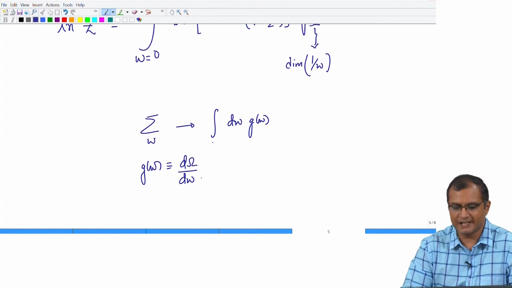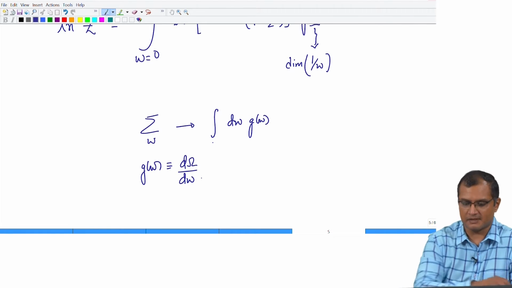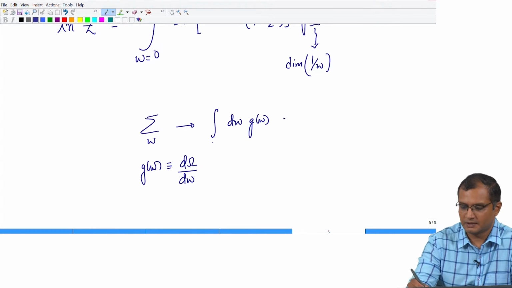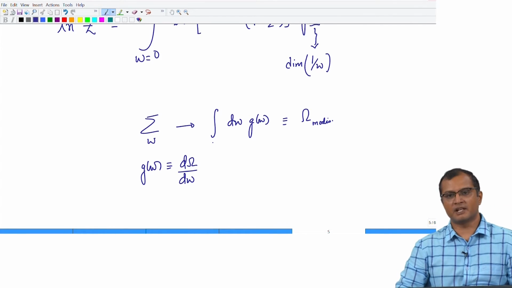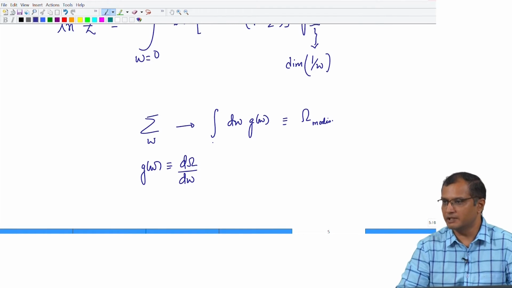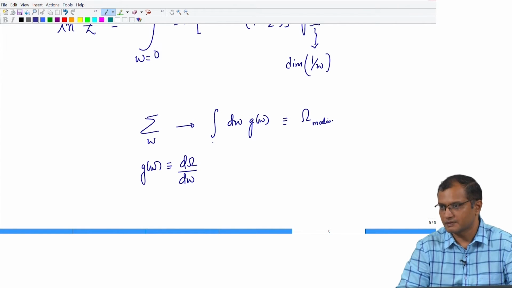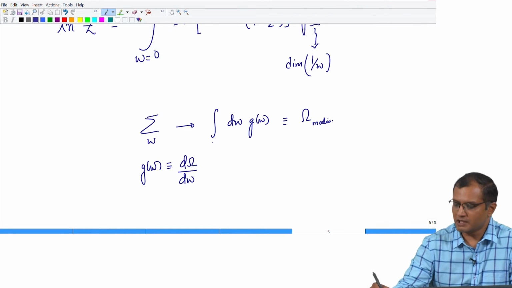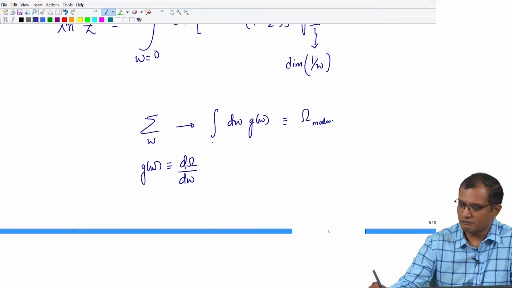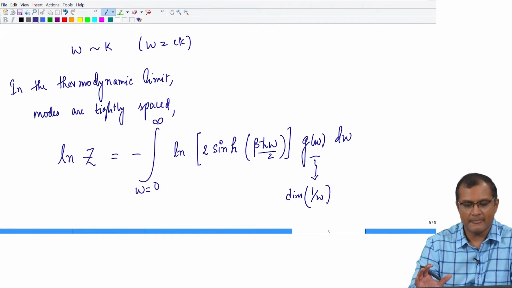So, this should simply give me all the modes in the system. The number of modes per unit energy range, if you integrate over all the range, should give you the total number of modes.